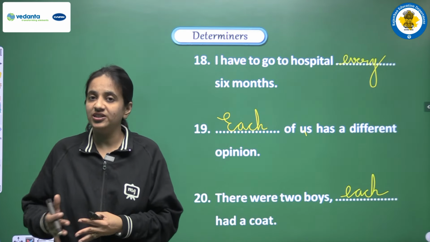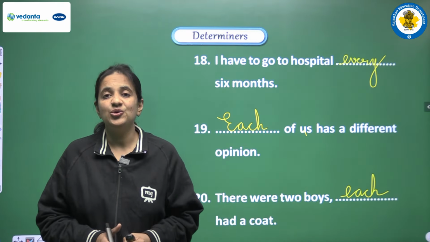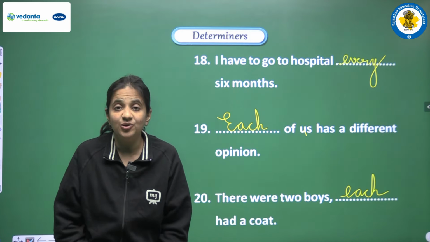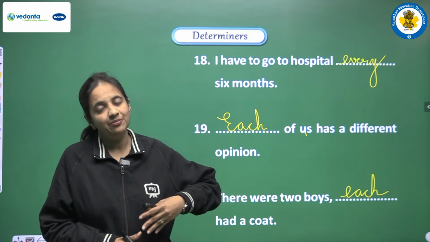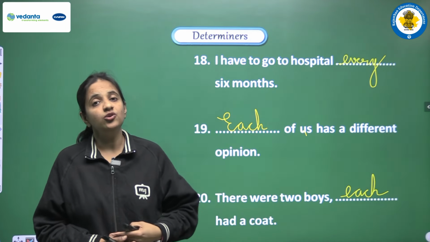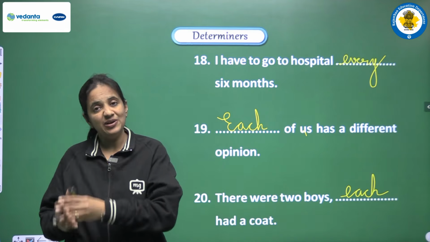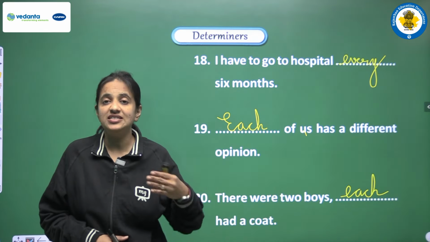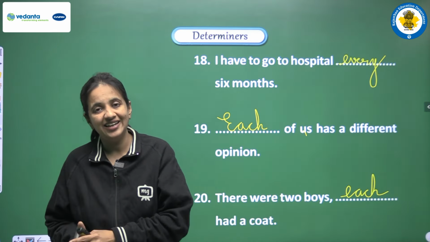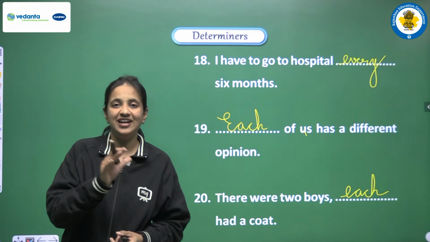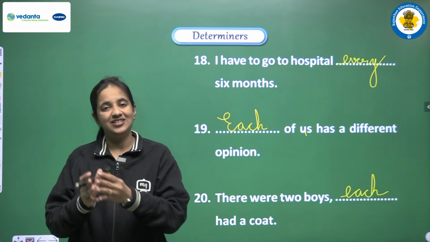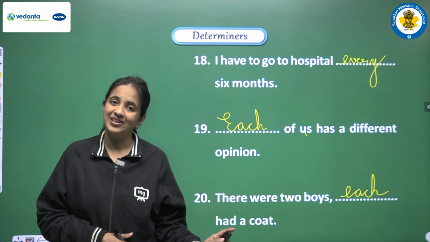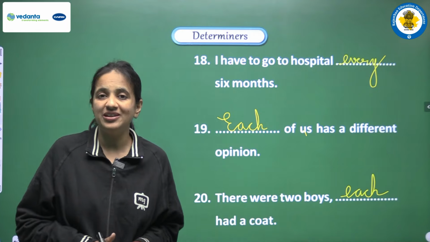So now I am sure that these 2 determiners, each and every, are very clear to you, right? So no doubt, no confusion should be there in your mind. All the rules, everything should be very clear, okay? Because determiners are a very interesting topic. Whenever we read any book or chapter, every time we read these determiners. So if you have learned the rules and all the uses well, then when you read a book next time and see the determiners, you will definitely feel good that okay, I know this determiner is the appropriate answer here, right? So just read all the uses very carefully, just learn all the uses and do this practice exercise one more time.